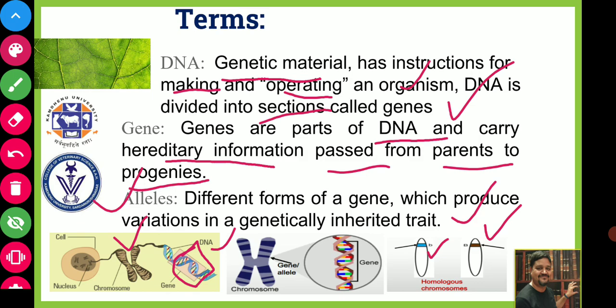I hope it is now very clear to you what genes and alleles are. Many a times in genetics, whenever we are studying Mendel's law or Hardy-Weinberg law, and thereafter many things, we use genes or alleles as synonyms. Actually, it is not synonymous, but we can use genes or alleles alternatively or interchangeably.